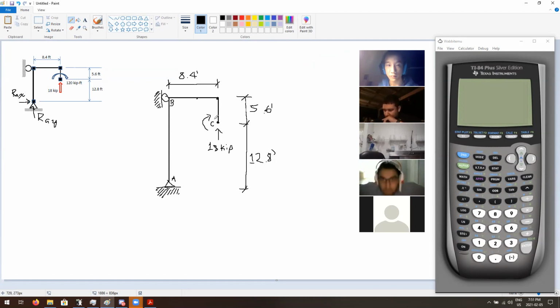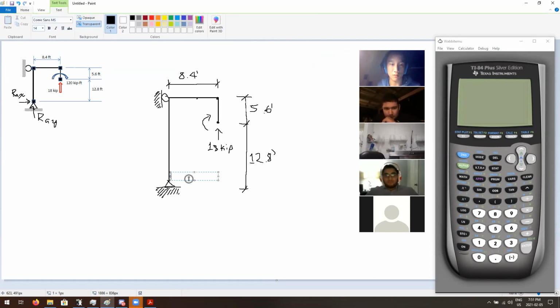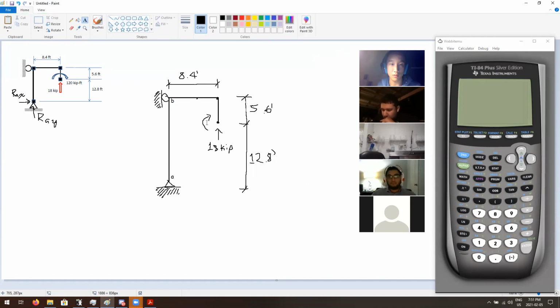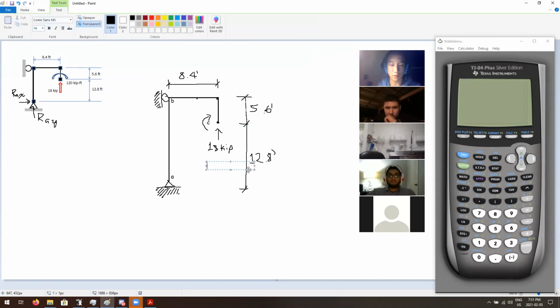So we're not going to use that. A, B, C. That's A, that's B, this is C. Beautiful. 18 kip. 12.8 feet. 5.6 feet. 8.4 feet.